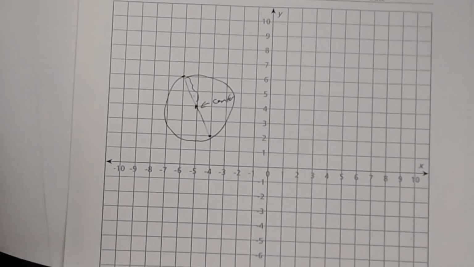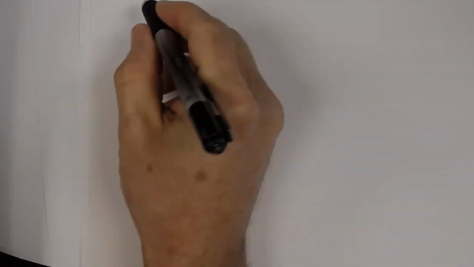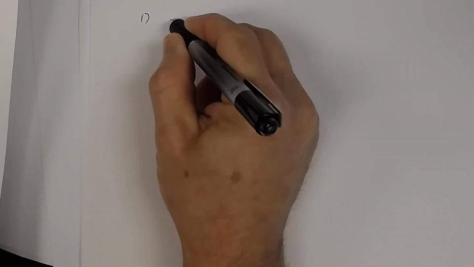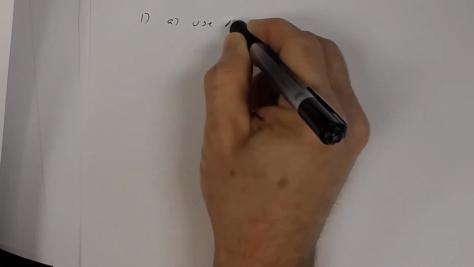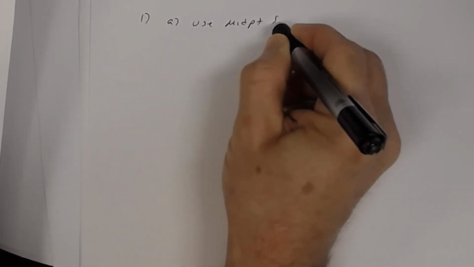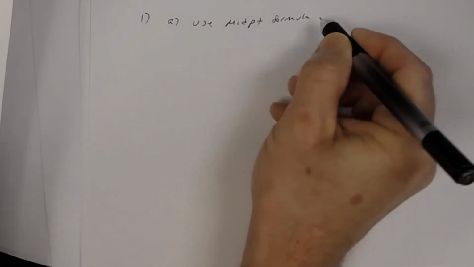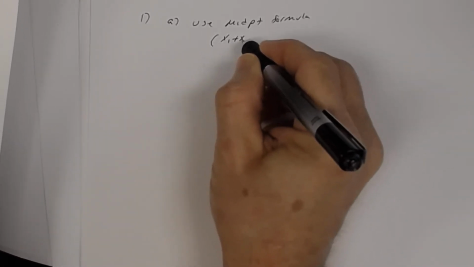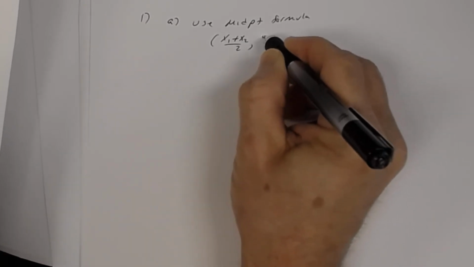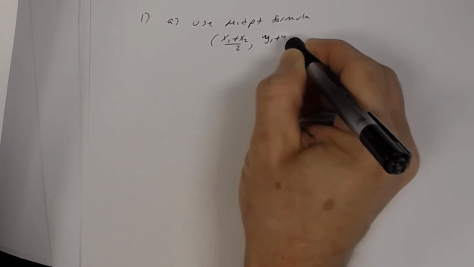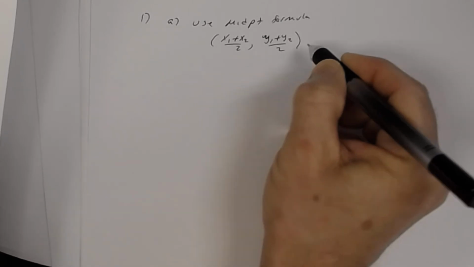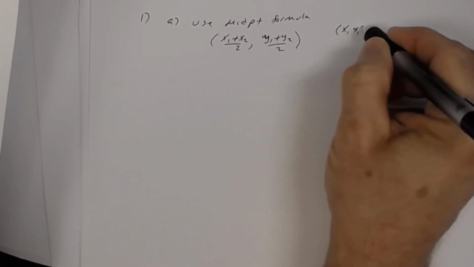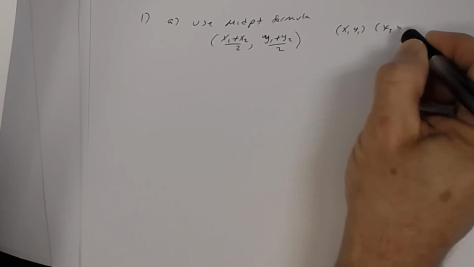This is number one, part A. Remember, your midpoint formula is where you add your x coordinates together and divide by 2, add your y coordinates together and divide by 2, given the points x1, y1, and x2, y2.